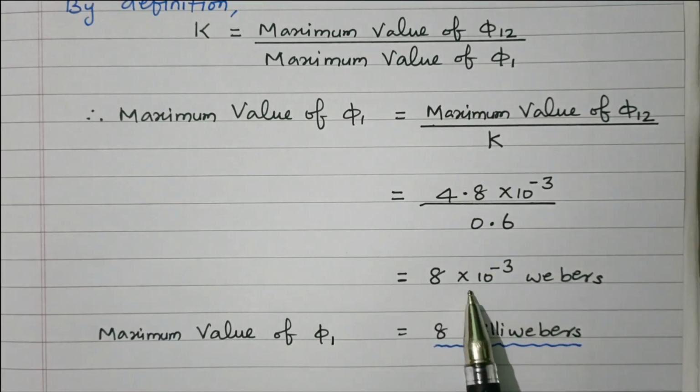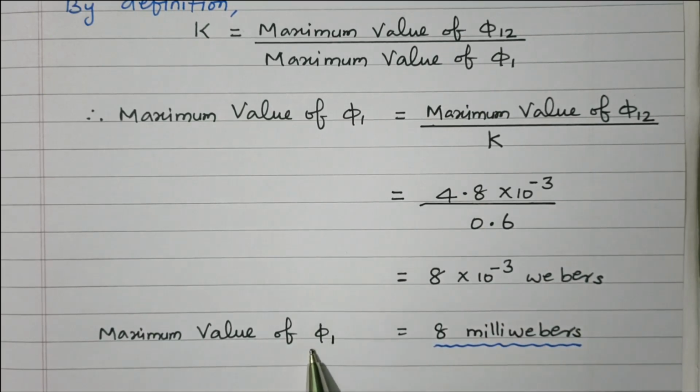So that gives 8 into 10 to the power minus 3 Webers, which is 8 milliwebers. The maximum value of φ1 is 8 milliwebers. So this is the answer to the second question.